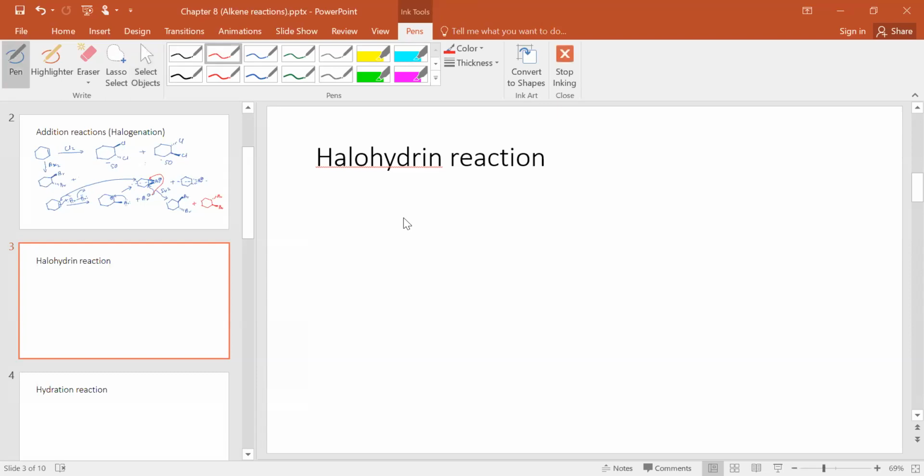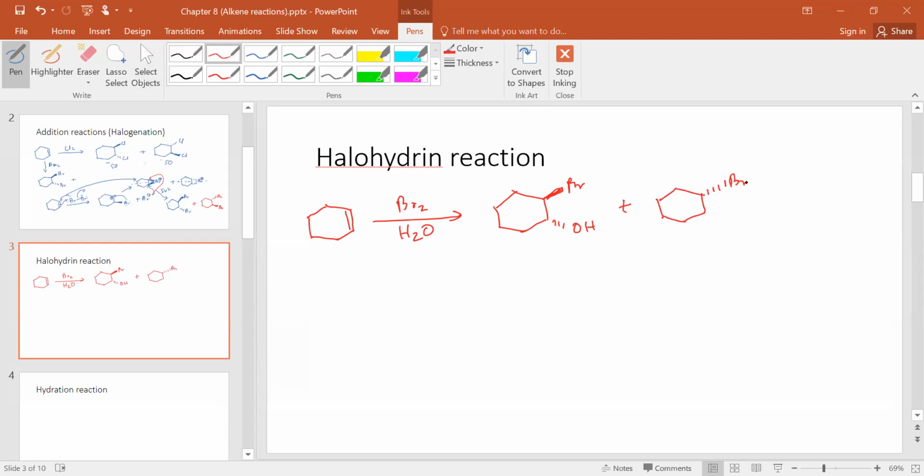So if we do the reaction with bromine and water, only one bromine will be added, and water gives another OH. Not to mention that another isomer will form as well in this case.